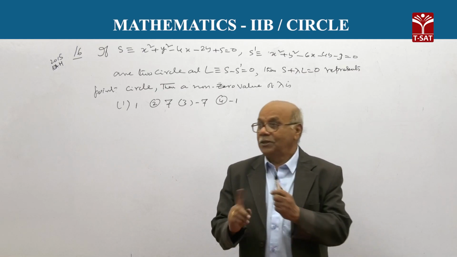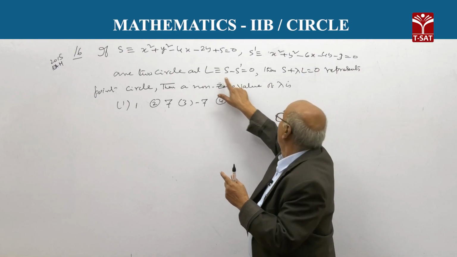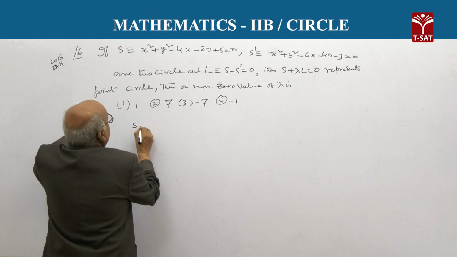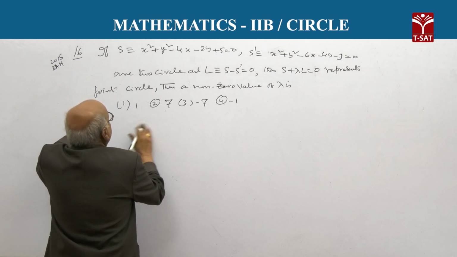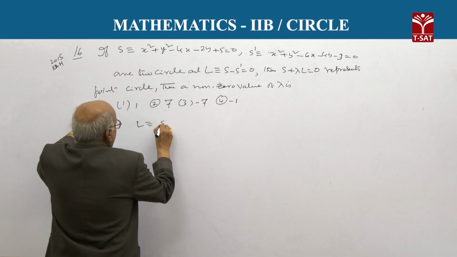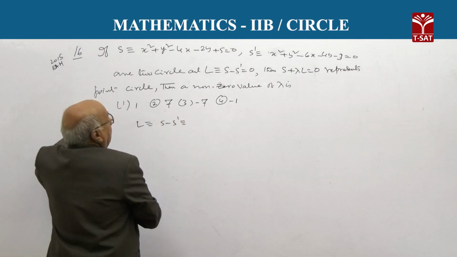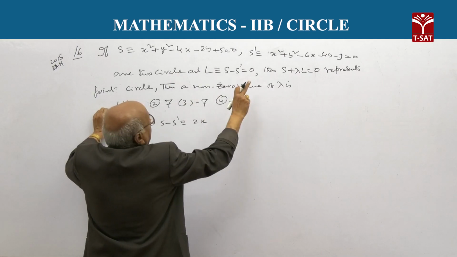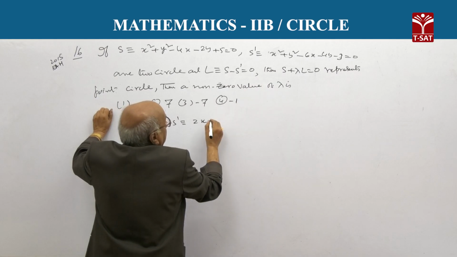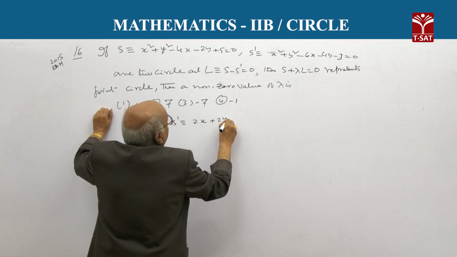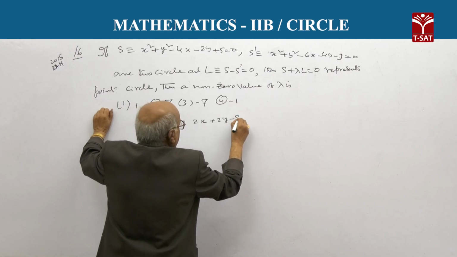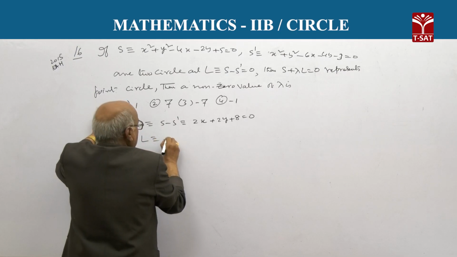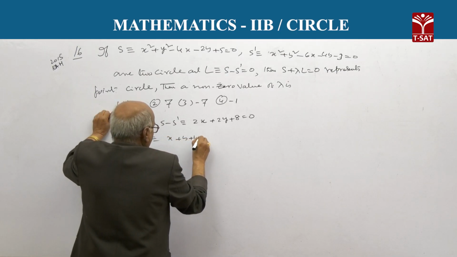So that's why I changed that term into S plus lambda L. You can write L is equal to S minus S dash, which is 2x plus 2y plus 8 is equal to 0, or that is L is equal to x plus y plus 4 is equal to 0.